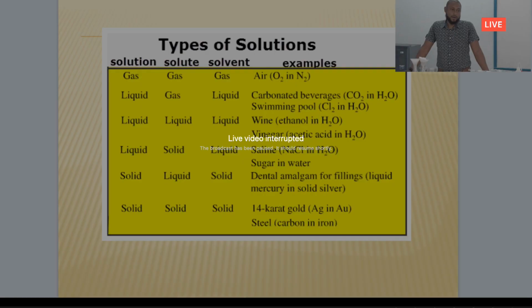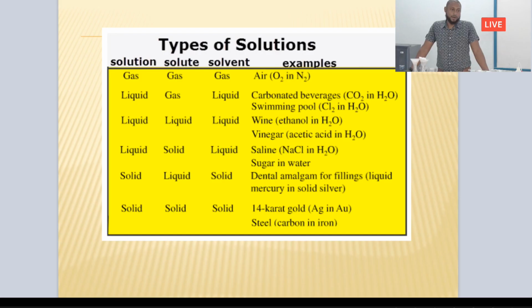These include alloys, which would include your brass, which is a mixture of zinc and copper. And here we have steel, carbon and iron, and also 14 karat gold, which is a mixture of gold and silver. Next slide, please.